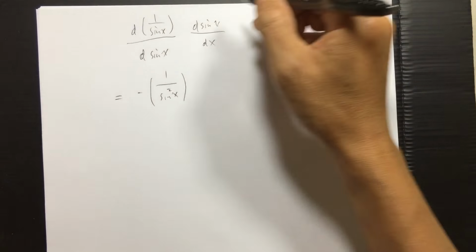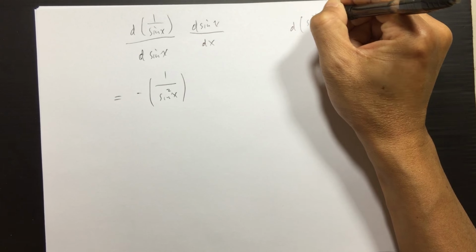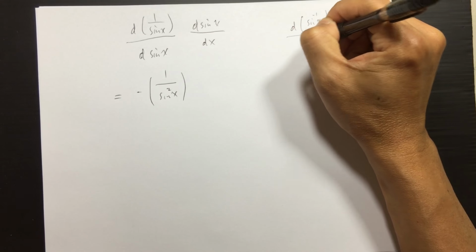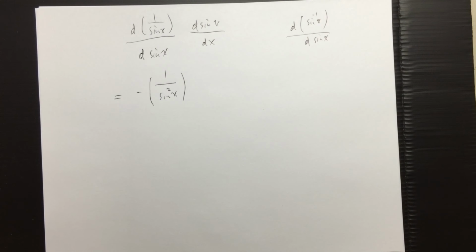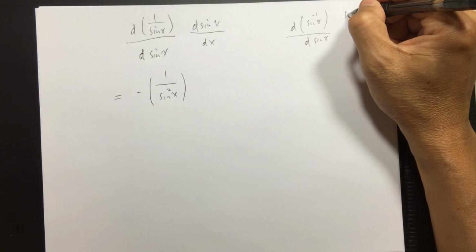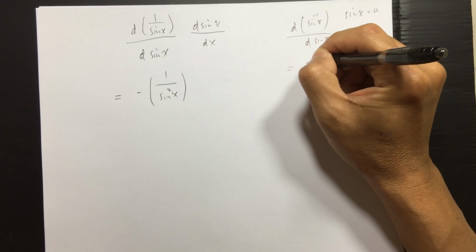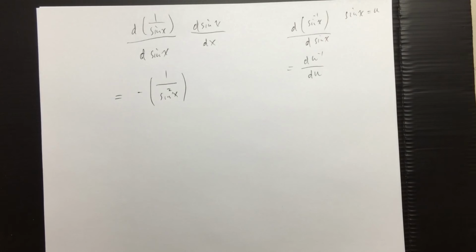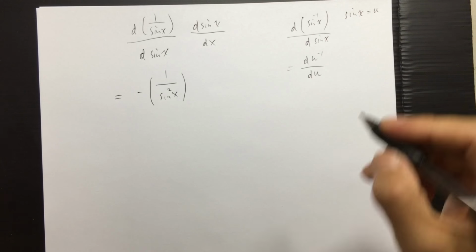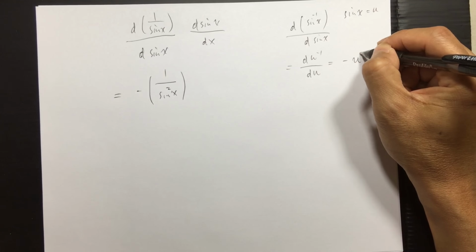Really, we're treating it as d sine x to the minus 1, d sine x. If you can't see it, we'll make sine x u. This becomes du to the minus 1, du. Yeah, this equals minus 1 come out, u to the minus 2.